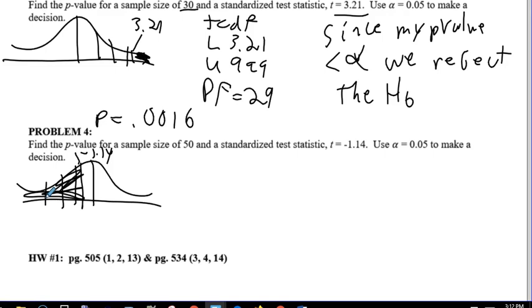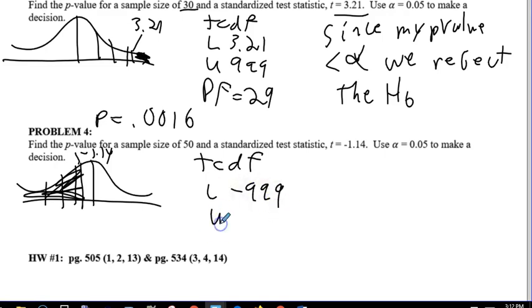I'm going to go to my TCDF on my calculator. Again, second bars, 6. And I get my lower number is going to be negative 1.14. Sorry, my bad. I did that real backwards. My lower number is negative 999. So I'm going left.